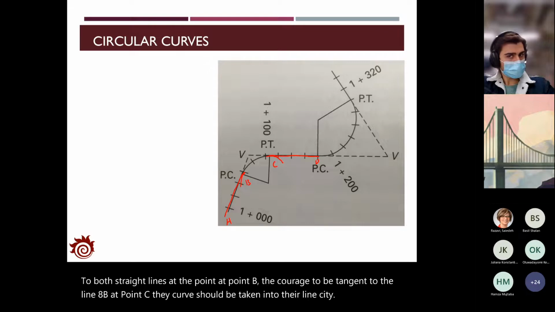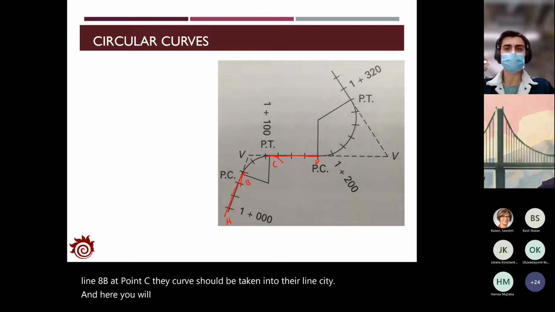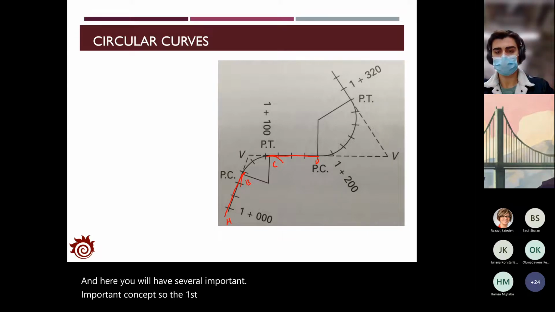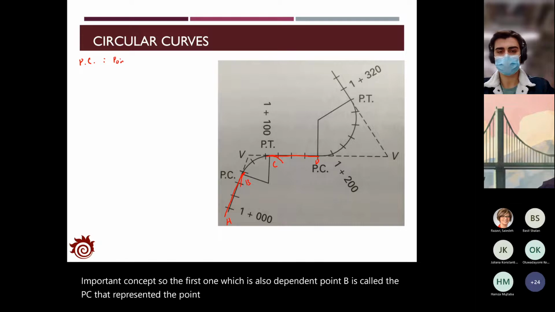And here you will have several important concepts. The first one, which is also the point B, is called the PC. That represents the point of curve.